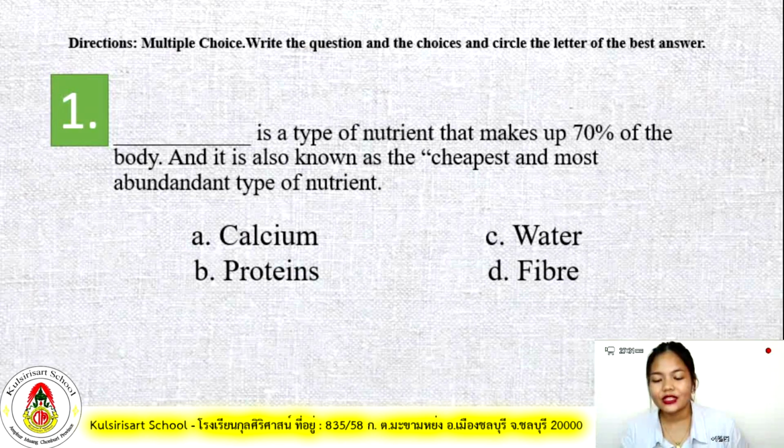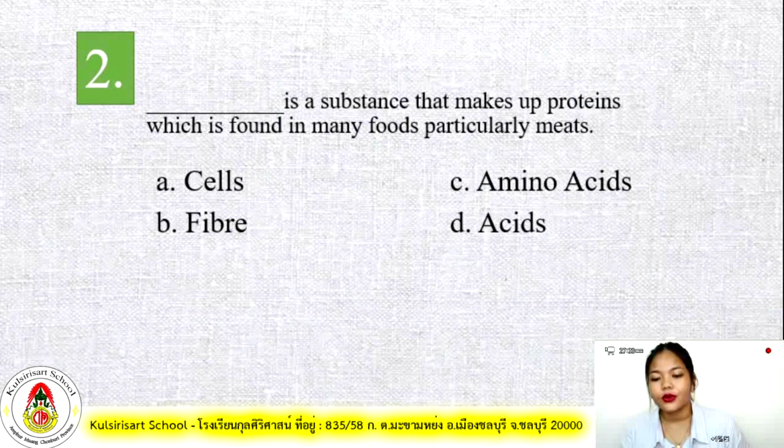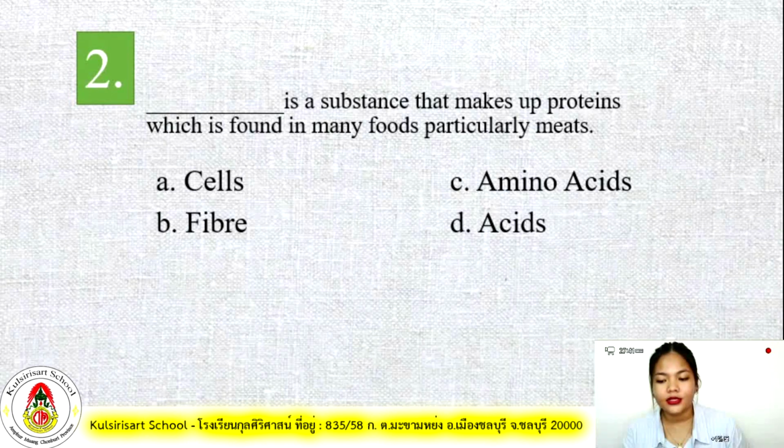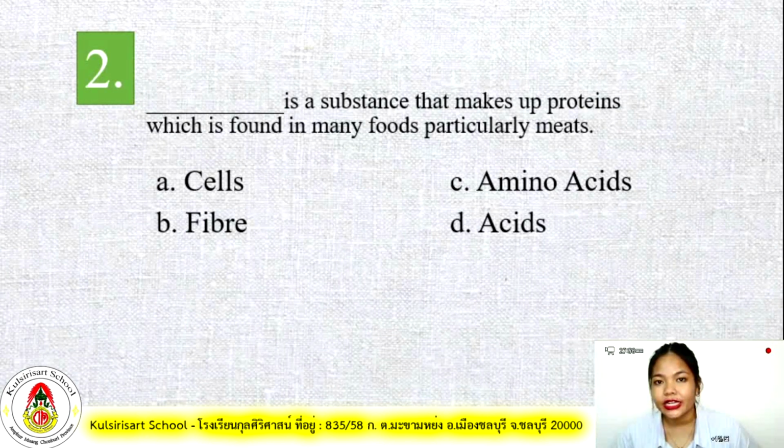Let's proceed with number 2. Blank is a substance that makes up proteins, which is found in many foods, particularly meats. Again, let me repeat. Blank is a substance that makes up proteins, which is found in many foods, particularly meats.